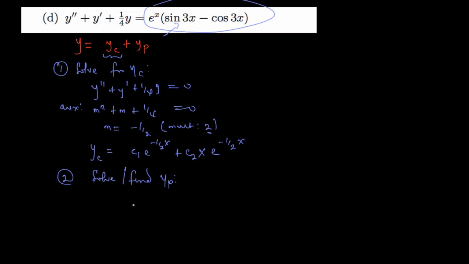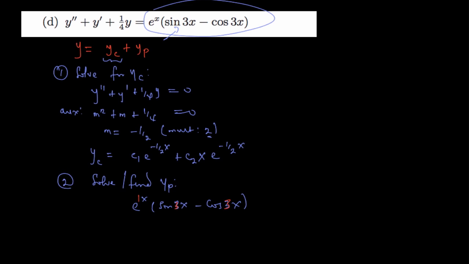As usual, what we have in the right hand side is e to the power x into sine of 3x minus cosine of 3x. So we observe that here our m is 1, and then this is 3, and then this is 3 cosine of 3x.